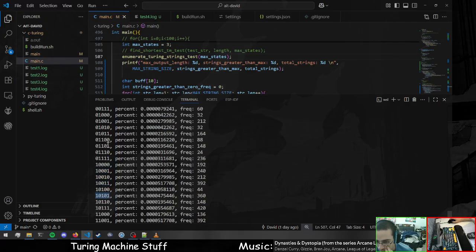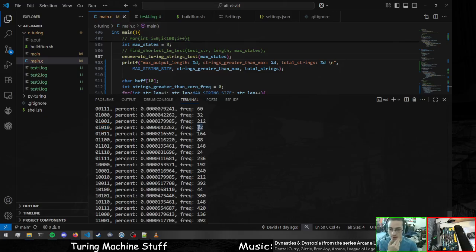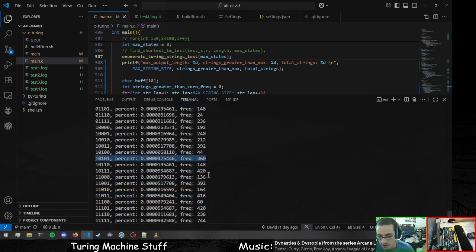Excuse me. And then this one, look at that. 32. They do not have the same frequency. Yeah, okay. This has a much greater frequency than the other one. 360 versus 32. So that's where all of the frequencies went.